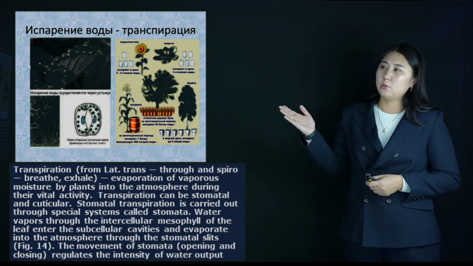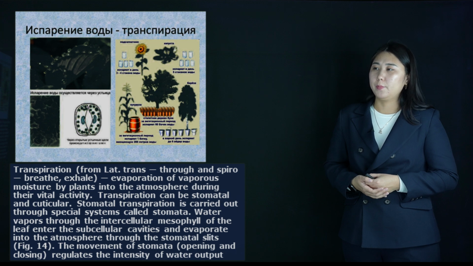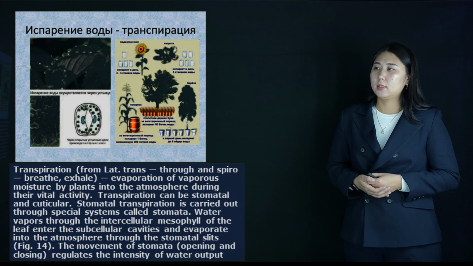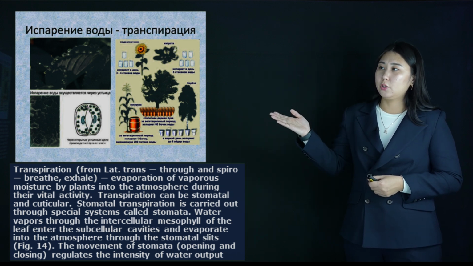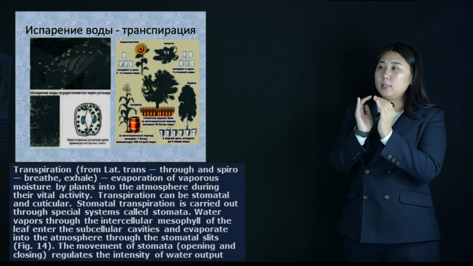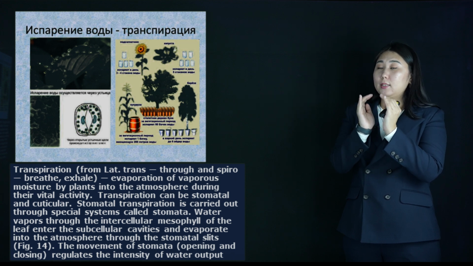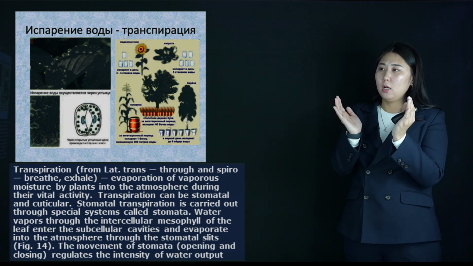Stomatal transpiration is carried out through a special system called stomata. Water vapor stored in the intercellular mesophyll of the leaf enters the subcellular cavities, with the movement of stomata opening and closing. This is the stomata. It is situated in the cells of plants, and they can open or close.